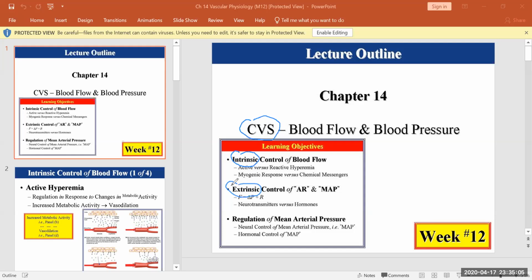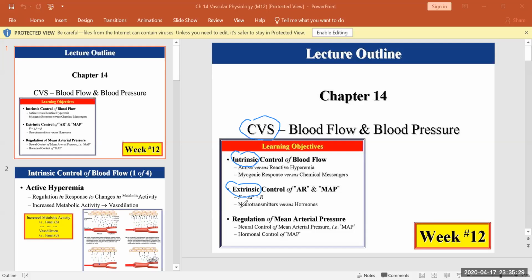These factors come from the nervous system, and also from the endocrine system. So two additional organ systems outside of the cardiovascular system coming in to have a say, to have a control, to have a regulation of how fast, how slow your blood will flow, okay?